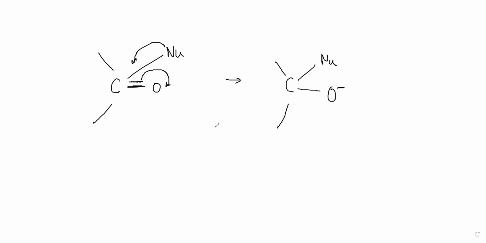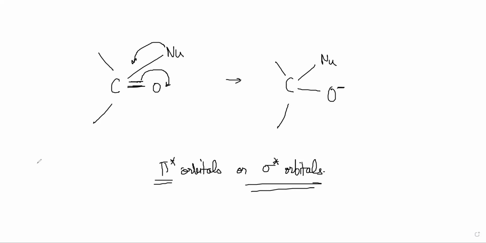So what is he saying here? He's saying the antibonding orbitals can either be pi star orbitals, pi antibonding orbitals, or sigma star orbitals. So these are the antibonding orbitals where an electron pair will come from some nucleophile.